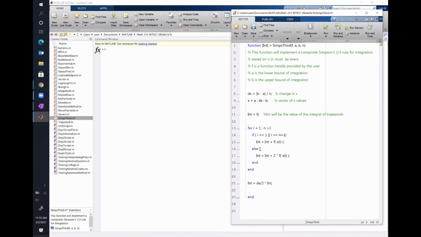Now, in the middle, I should say else if I is even, so basically I mod 2 is 0, give it a coefficient of 4, else give it a coefficient of 2.